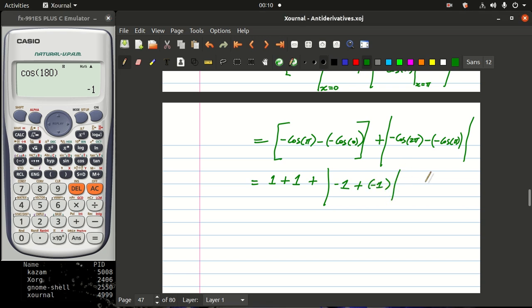I hope you can see what is actually happening here, because we have this one here which is a minus 1, and then of course this and that is going to be positive.